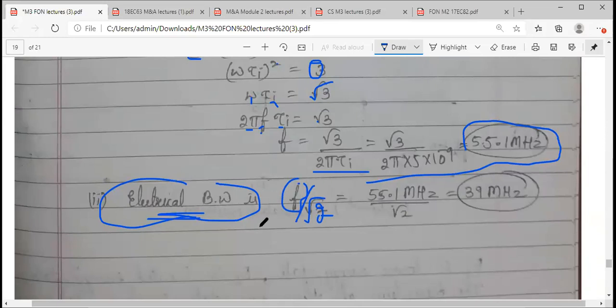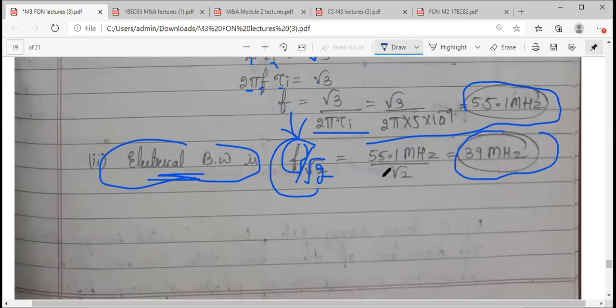So directly, no need to again follow all the steps. Take the frequency that came as optical bandwidth and multiply it by 1 by root 2. So taking this, you will get 39 megahertz as the bandwidth. So this is a simple problem based on the optical and electrical bandwidth calculations.